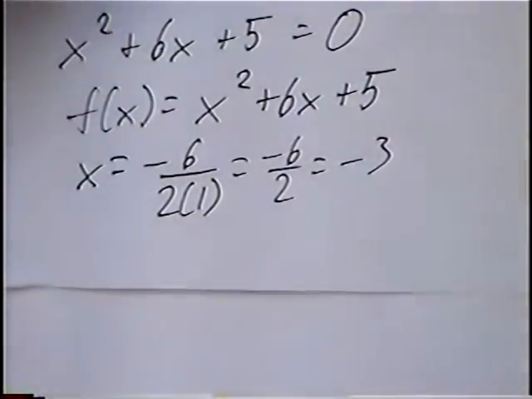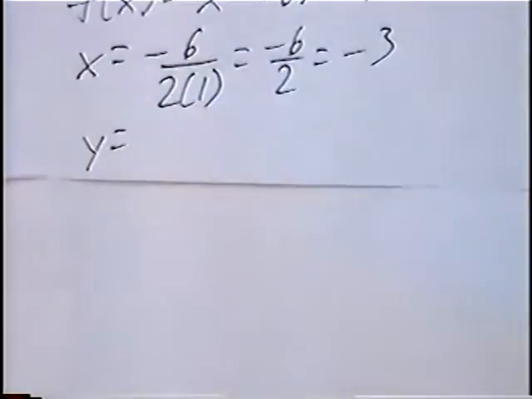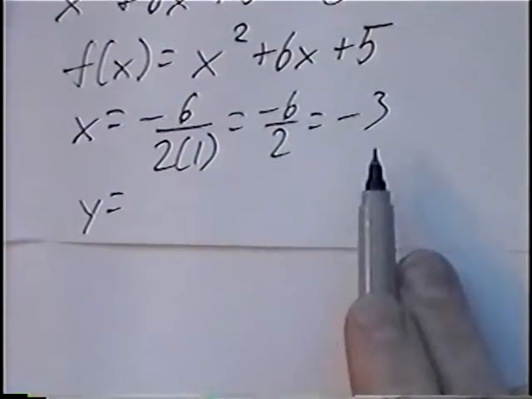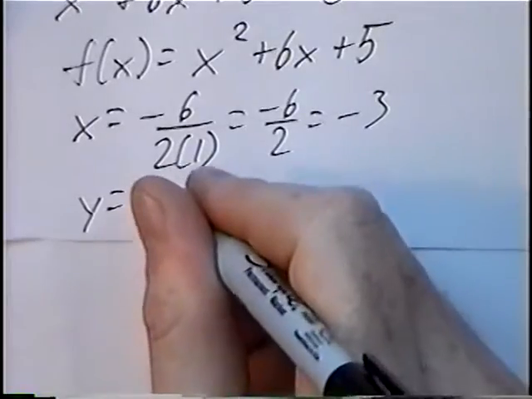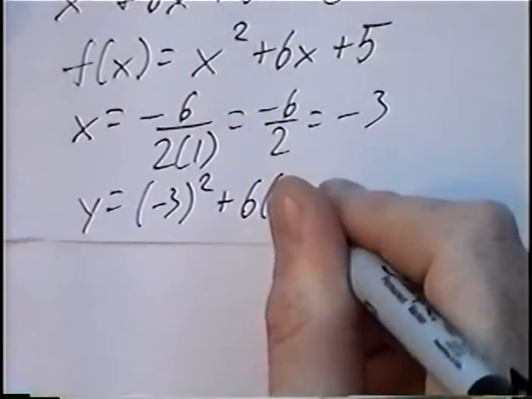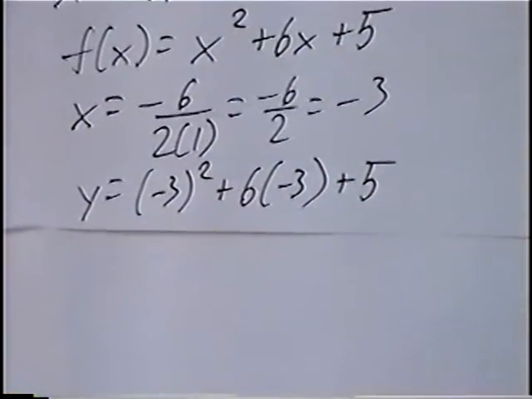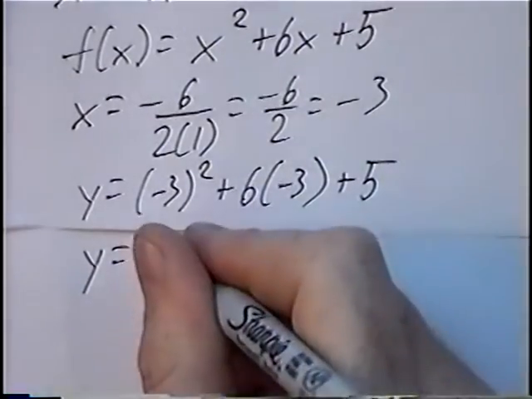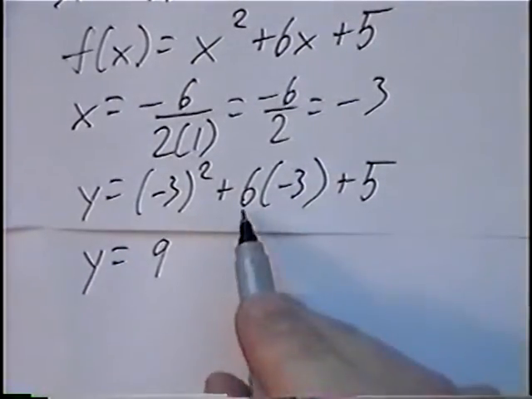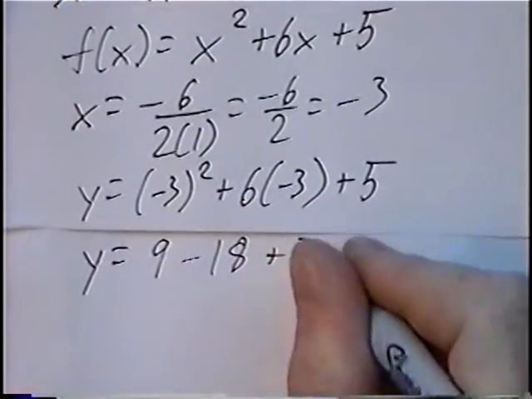Once we have x, then we can plug it back into the equation to solve for y. Y equals, plugging a negative 3 in, we'll have negative 3 squared plus 6 times negative 3 plus 5. Simplifying, y equals, negative 3 squared would be 9, 6 times the negative 3 is negative 18, plus 5.